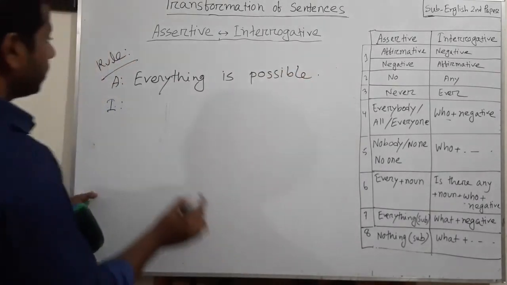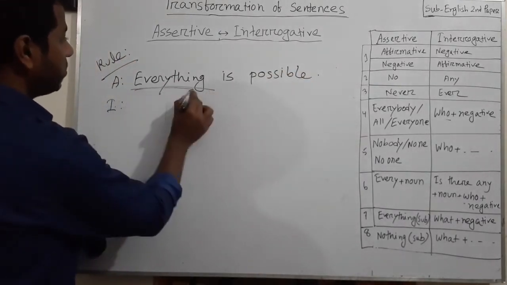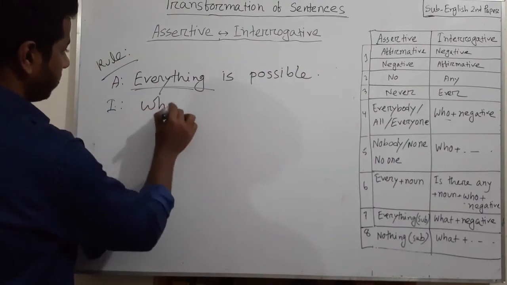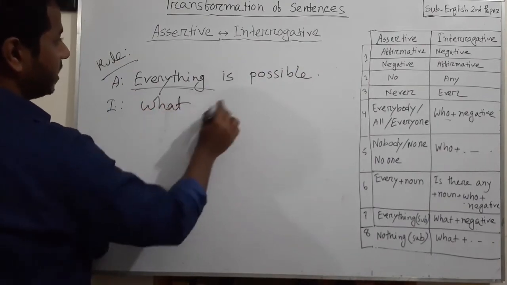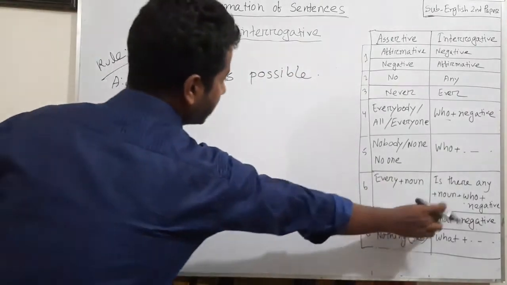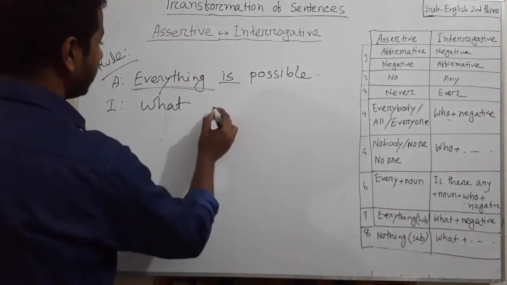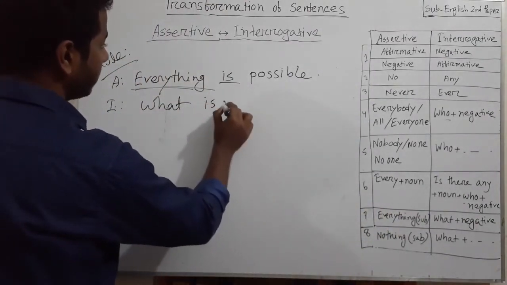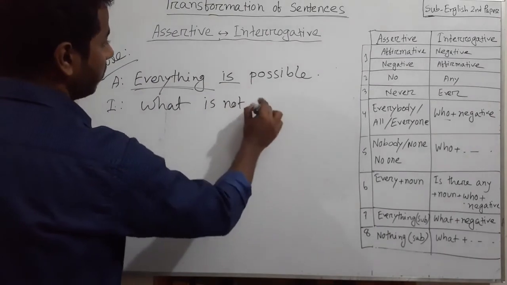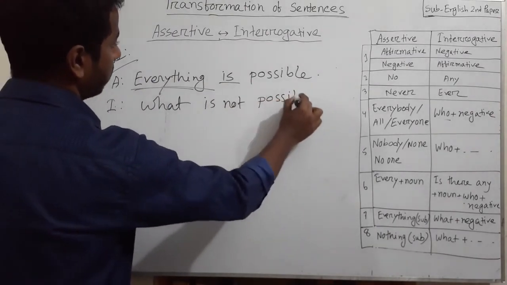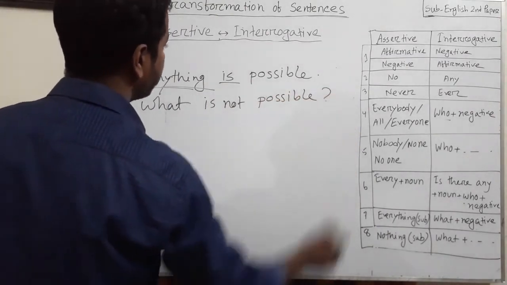Okay, so instead of everything write what, then the sentence will be in negative form: what is not possible? Question mark.